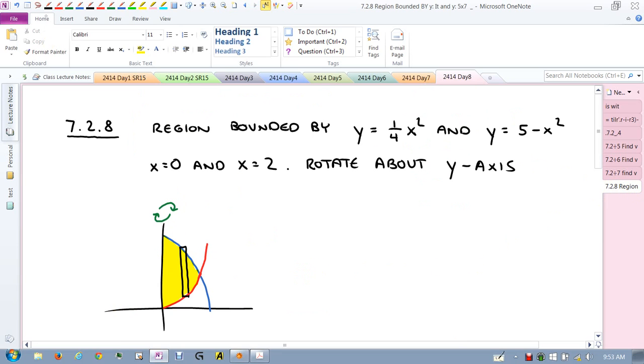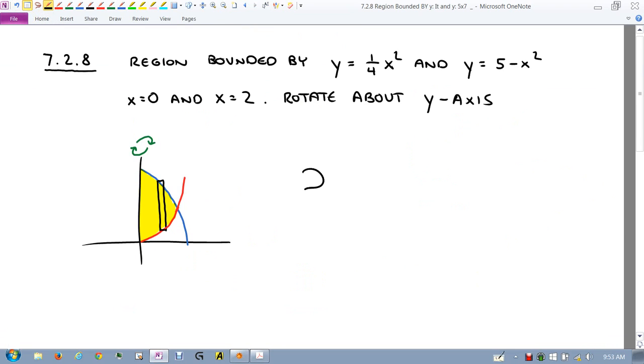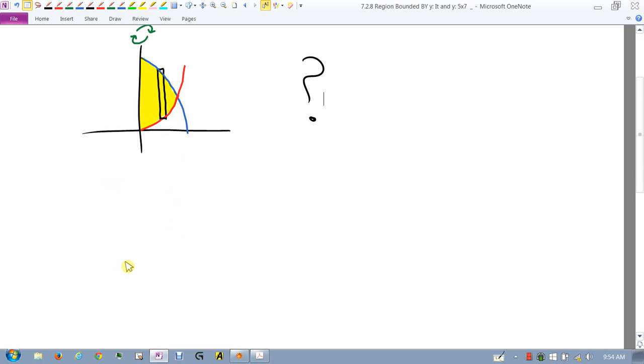For this, we have a question mark because the rectangle that we're comfortable using here is actually parallel to the axis of rotation. Do you see that? When this happens, you can use what's called shells. So we're going to stop here, and I'm going to introduce the idea of shells.